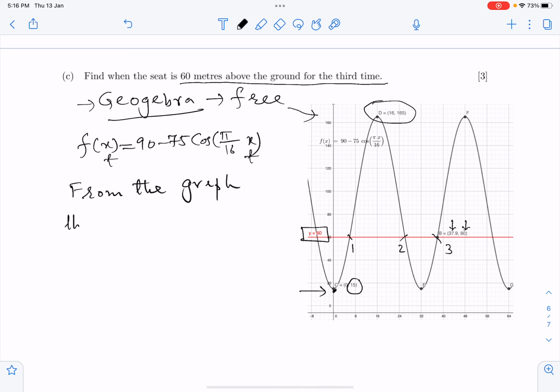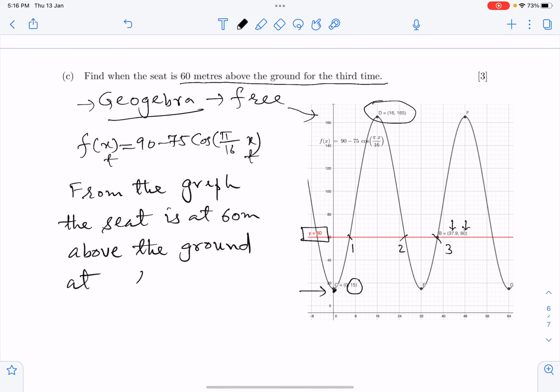the seat is at 60 meters above the ground for the third time at t is equal to 37.9 minutes.